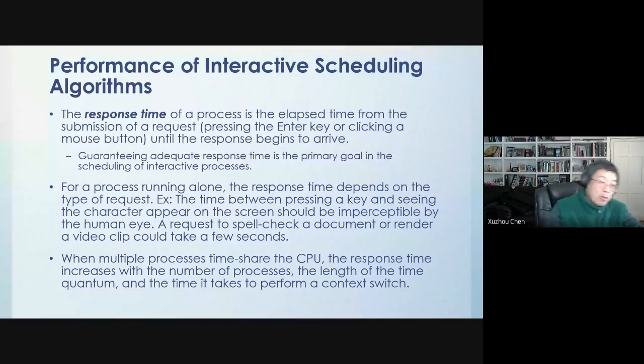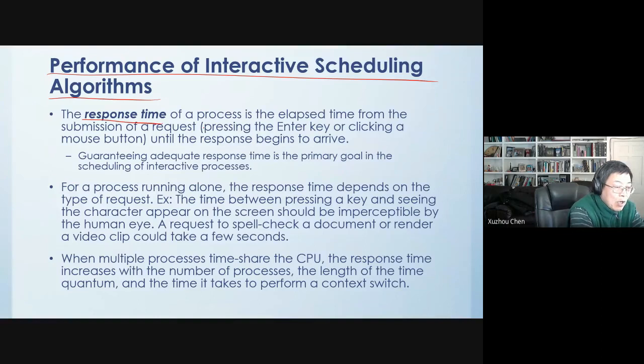Now, what's the performance? The performance is a little bit more complicated to measure, but it's still doable. The response time of a process is the elapsed time from the submission of the request until the response begins to arrive.